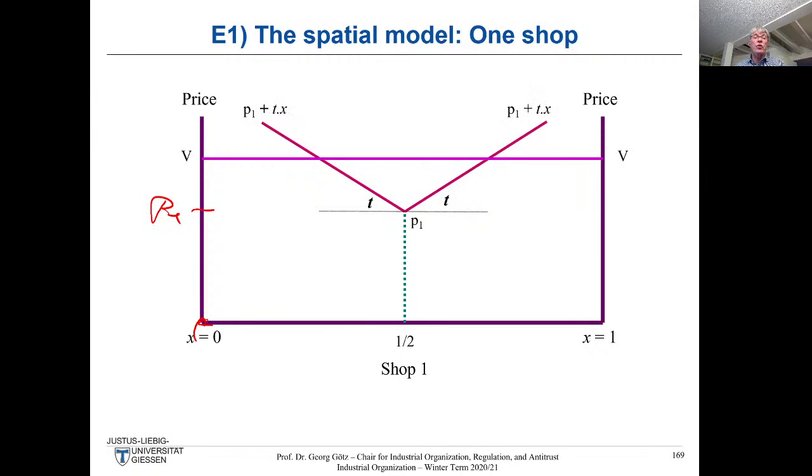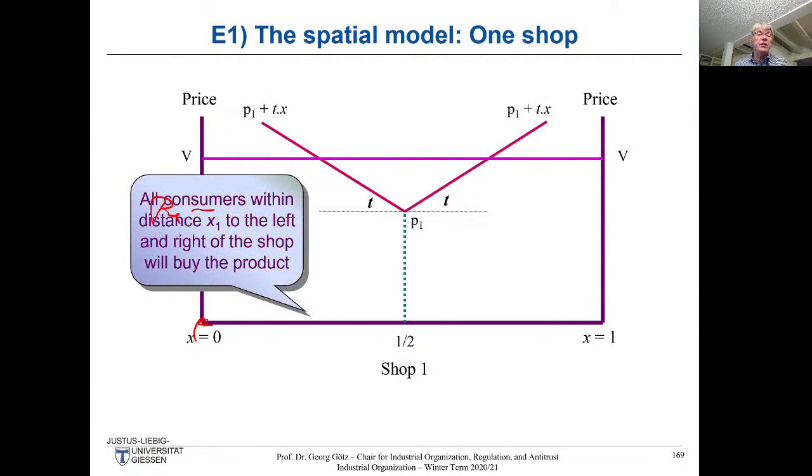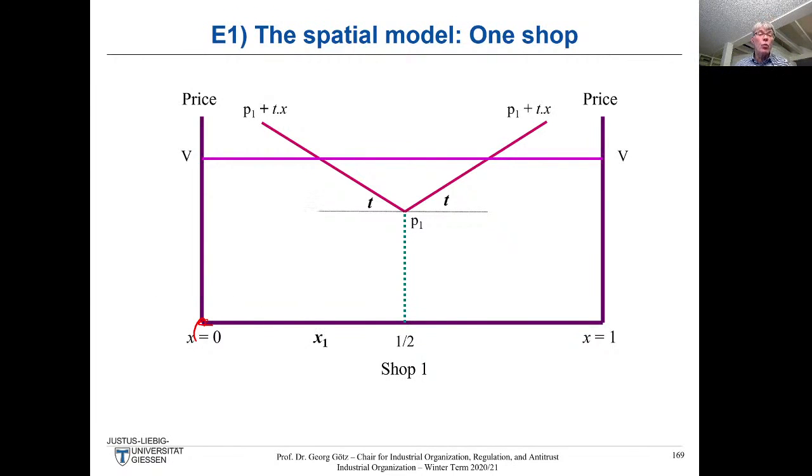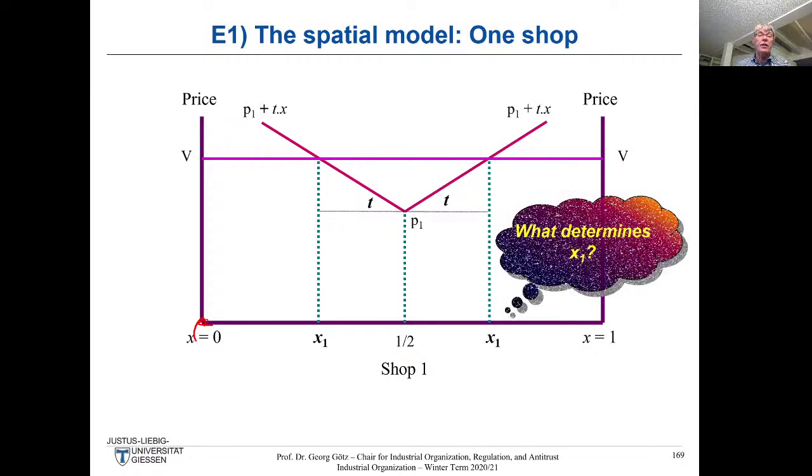And so what is this T here? What we know from up there is that all consumers within the distance x1 to the left and to the right of the shop will buy the product. Why?